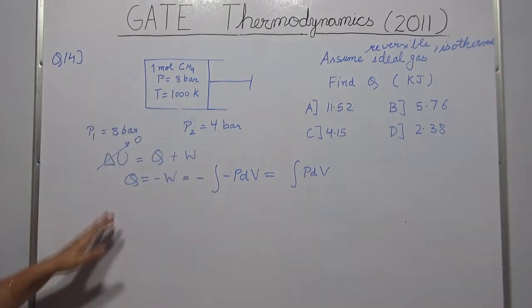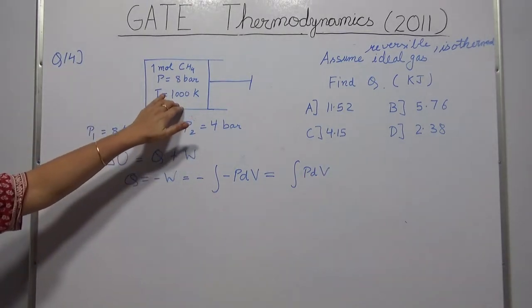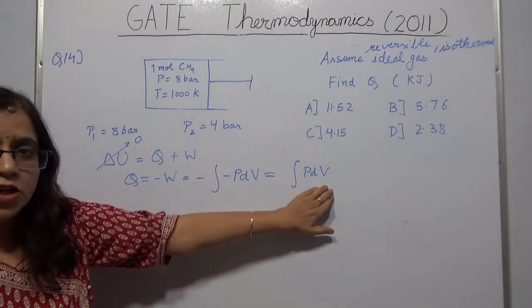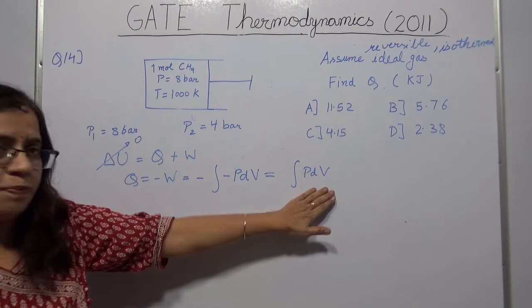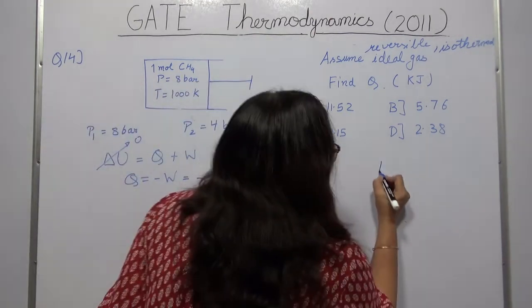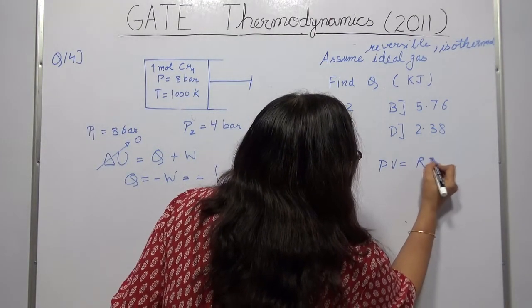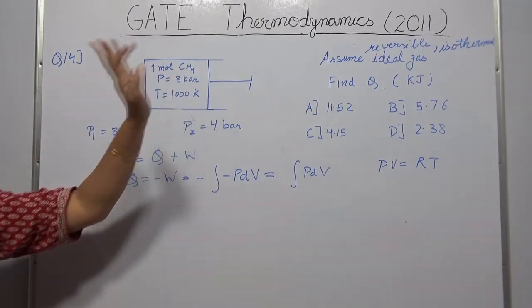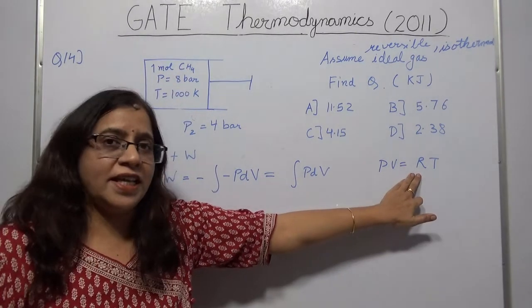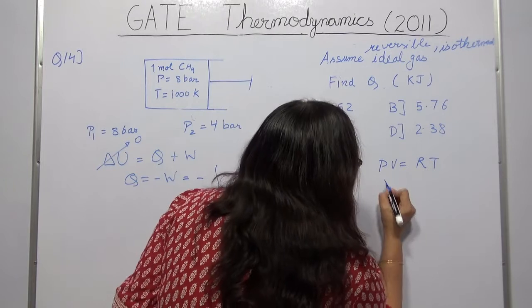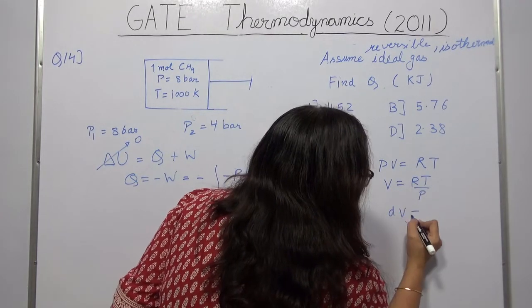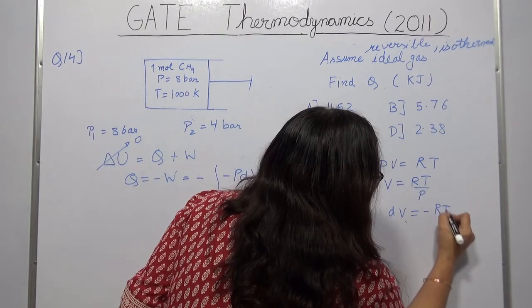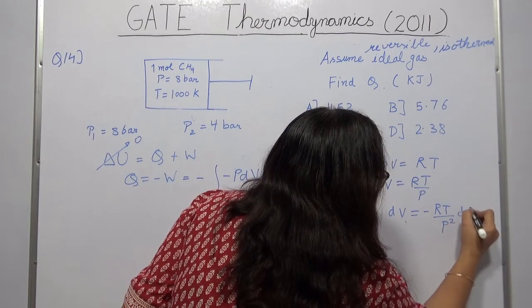Now since no information is given about change in V, I will change the integrating variable from V to P. How will I do it? I have PV is equal to RT. Since they have said that this is only 1 mole of methane gas, I am not writing n explicitly. Then V is equal to RT by P, or dV will be equal to minus RT upon P square dP.